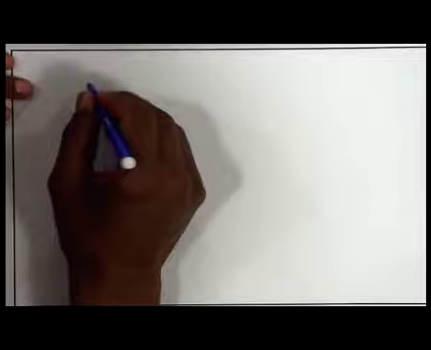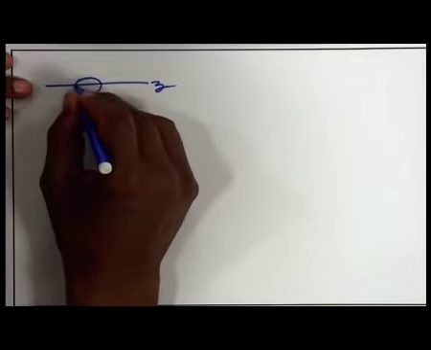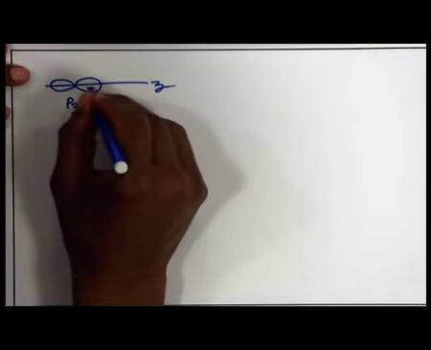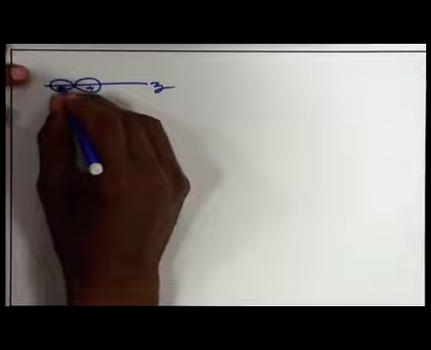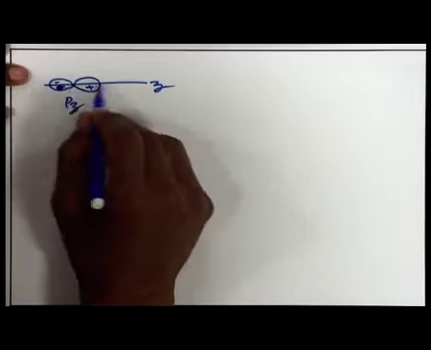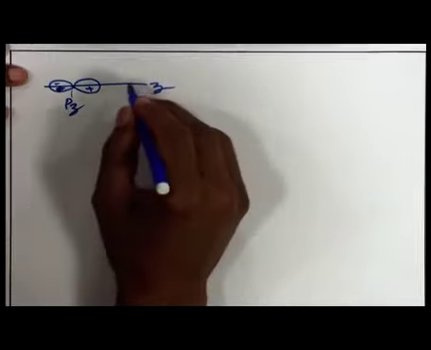Now, let us see overlap of the p orbitals. This is the z axis, and you have one pz orbital. This is negative, positive, negative, because the sign of the wave function changes after the nodal plane, as you studied before.